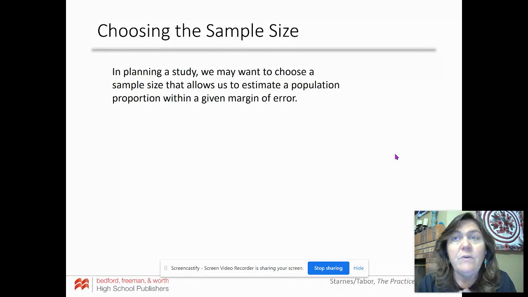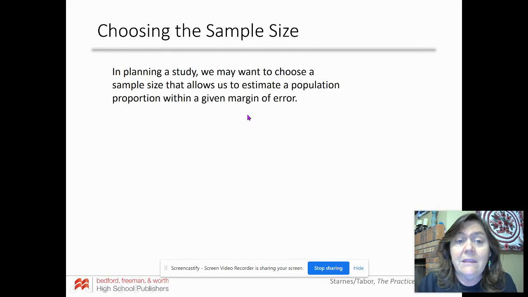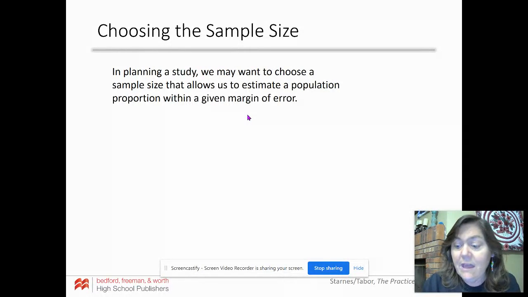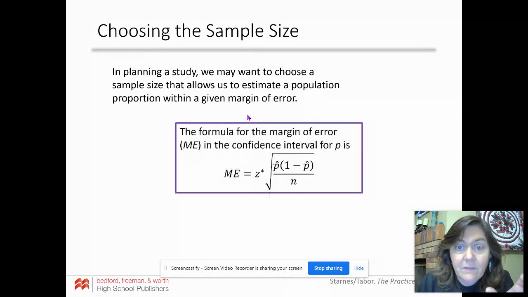Like, we need to know within 2 percentage points what the truth is, or within 3 percentage points, and I can't go beyond those barriers, or else it isn't precise enough for us. So we may need to figure out what sample size I should get in my survey or experiment to allow me to do that within that certain margin of error that I need.